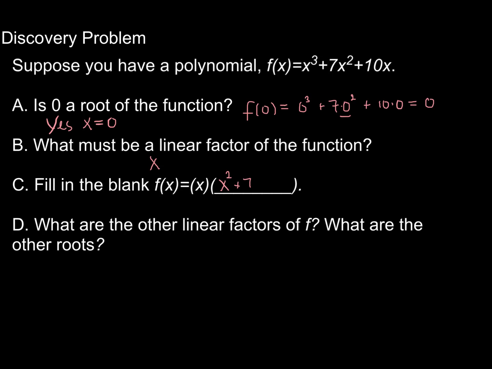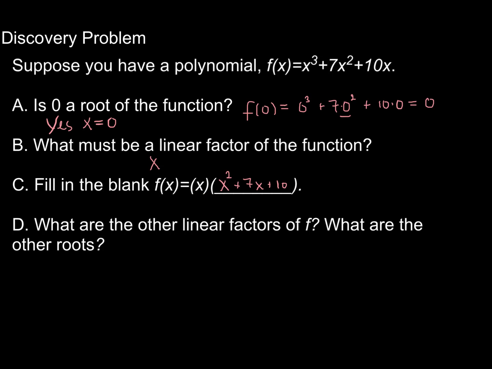Well, that'll be 7x. And x times what will be 10x? Well, that's 10. So now we notice just by finding one linear factor, I'm actually able to rewrite my function in a slightly more factored form. But notice I still have this x squared plus 7x plus 10. That's not so fun. It's a quadratic, and we like linear factors.